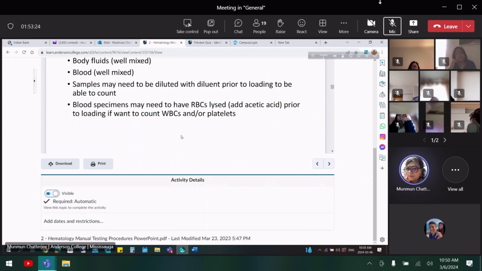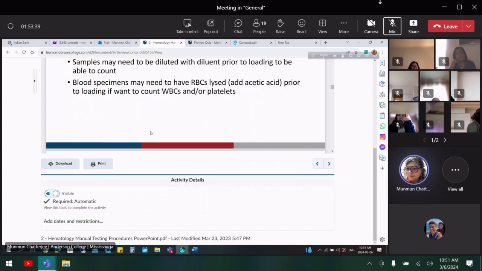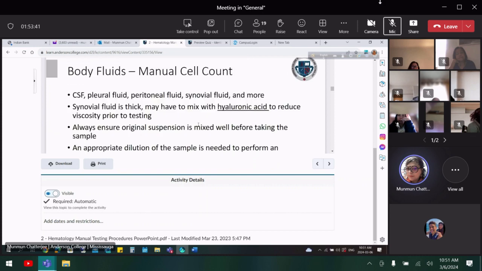If you are doing the RBC count, it's okay. If you are doing the WBC count, you have to hemolyze the RBCs so that they cannot be a contributing factor prior to loading, if you want to count WBCs or platelets. Body fluids you can count include CSF, pleural fluids, peritoneal fluids, and more.